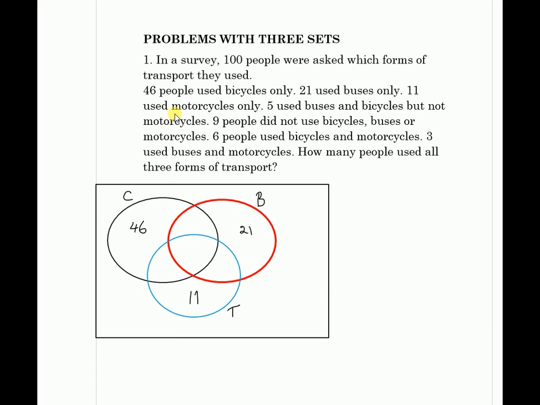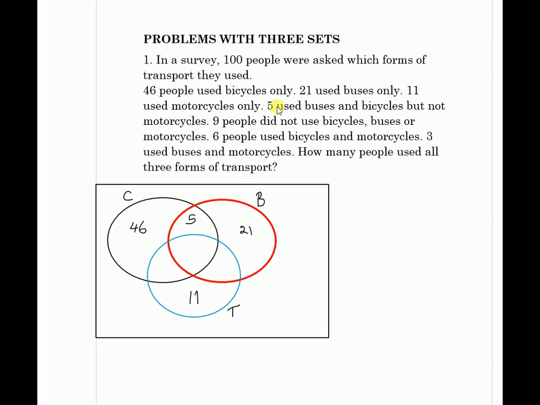Then we have that 5 used the buses and bicycles but not motorcycles. So those 5 are lying there. Look at the case where you have the intersection of buses and bicycles, but outside the motorcycle set.